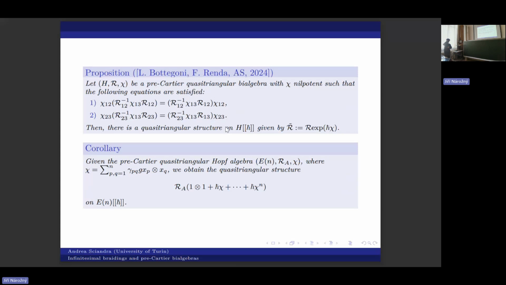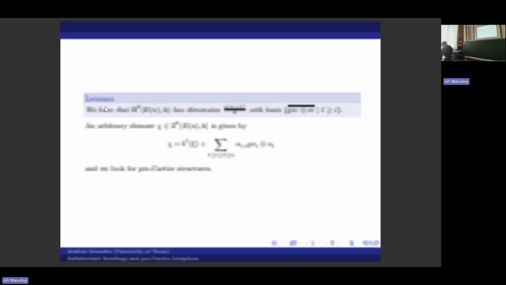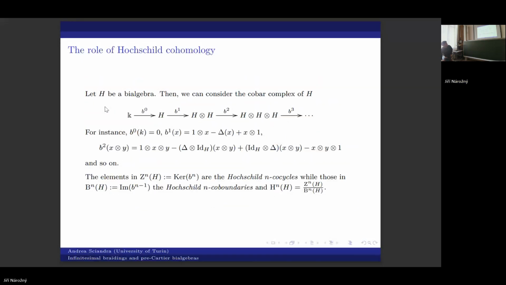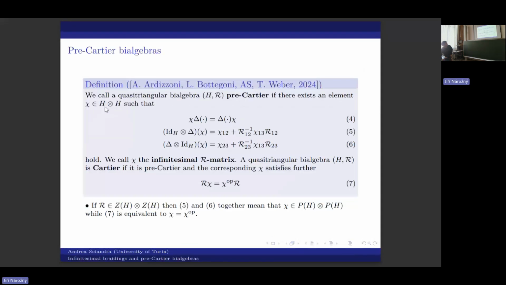In fact, we can prove this more general result: when we have a pre-Cartier quasi-triangular bialgebra and some chi, which is a nilpotent element, if these two conditions are satisfied, and these are exactly, maybe I can just show you, in the axiom of pre-Cartier, this must commute with the second one, and this must commute with this one.